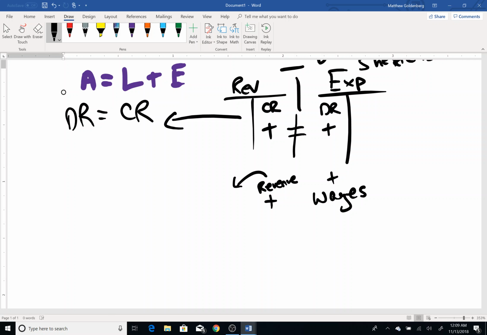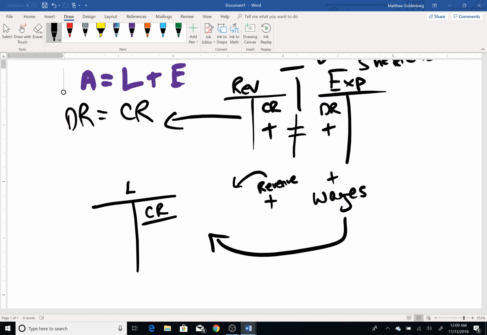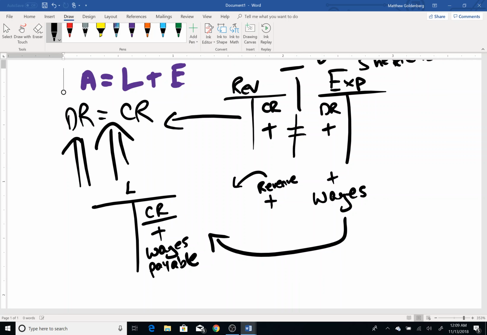But that wage expense will go to liabilities and will become a wages payable on the credit side. And this is just briefly proving this point. I want to prove that so that you always understand that no matter what, that happens. That is always there.